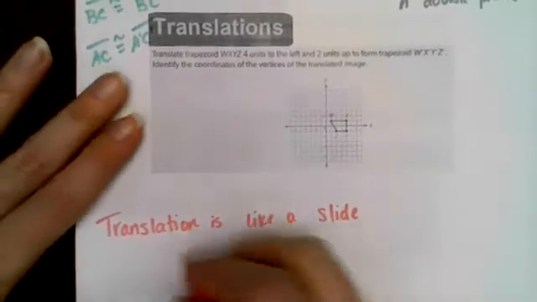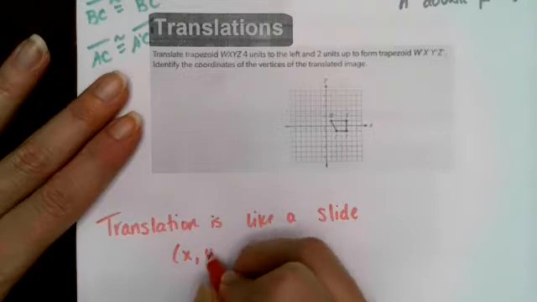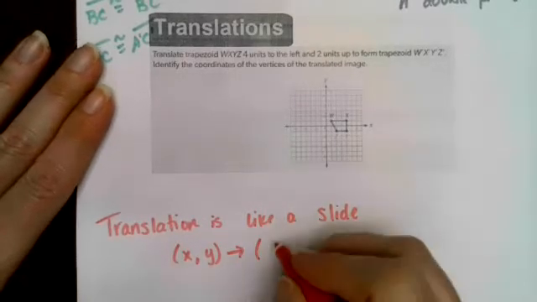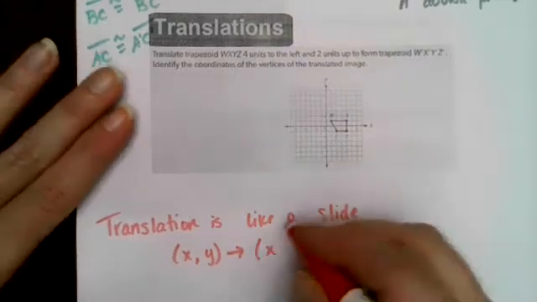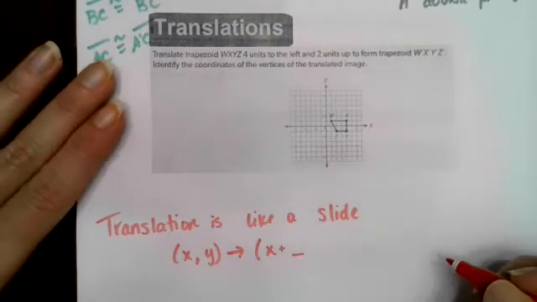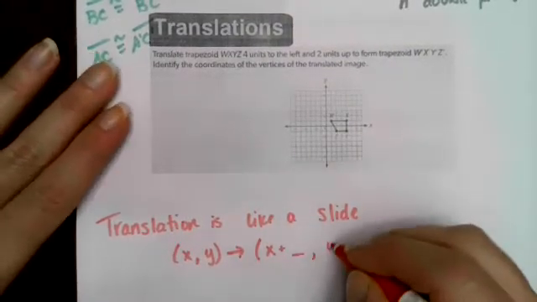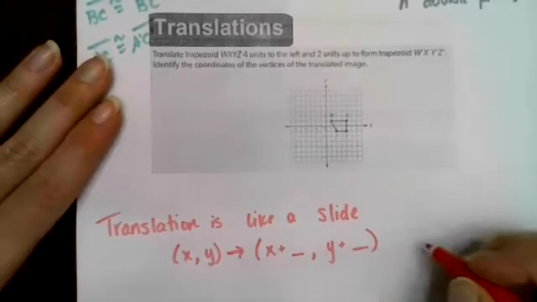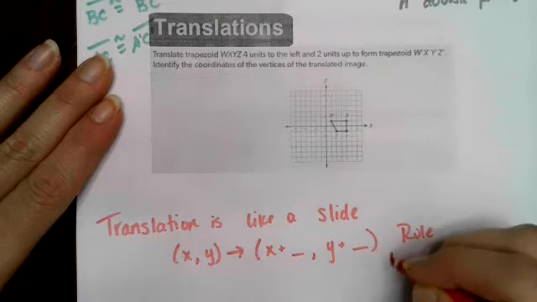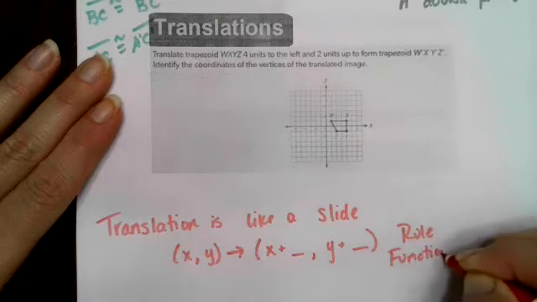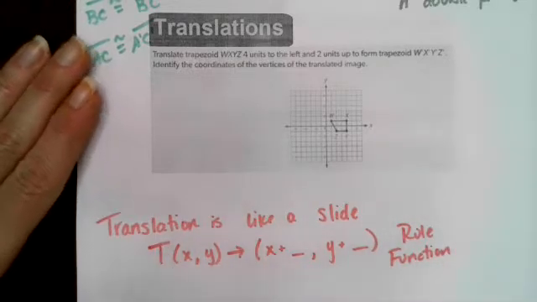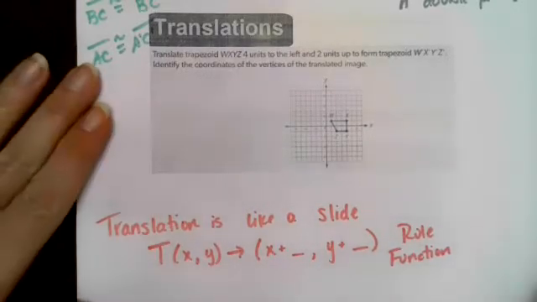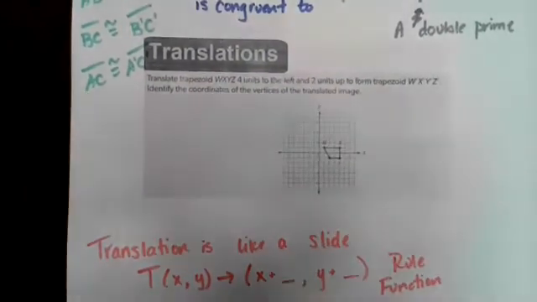I can write it with words, but a lot of times we take a coordinate X, Y, which would be my pre-image, use an arrow, and then represent moving it in the X direction: some number that I add to the X, or I can subtract, and then some number that I add to the Y, or I can subtract. This is typically how we write out the rule or the function of a translation. A lot of times we call them with a capital T for translation, but we'll get there.